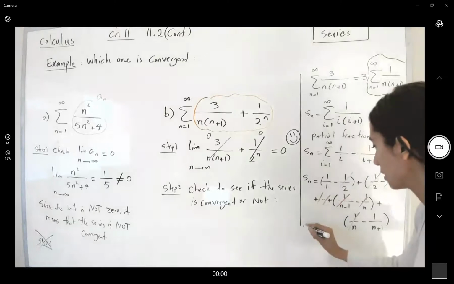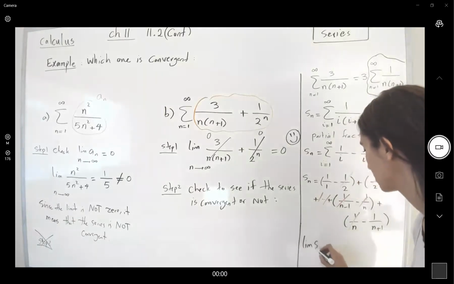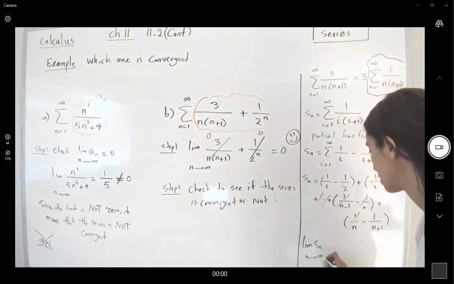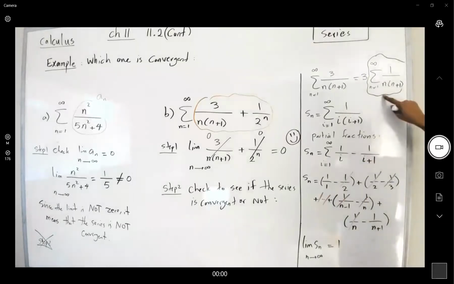Now let us take the limit of S of n, this sequence. As n approaches infinity, this is equal to 1. So the limit of the partial sums is 1.